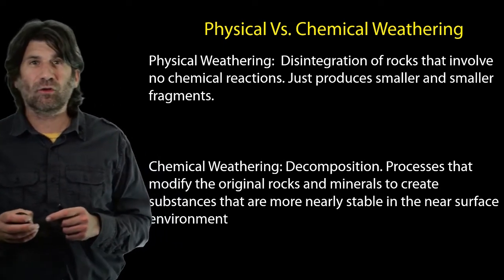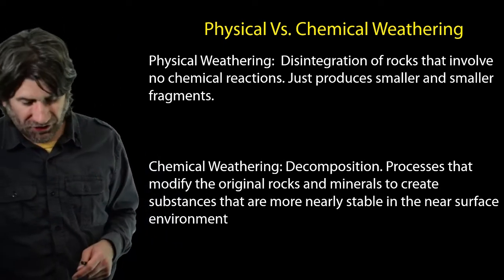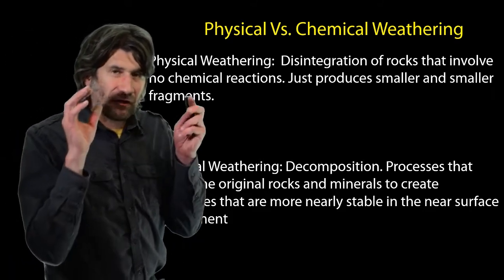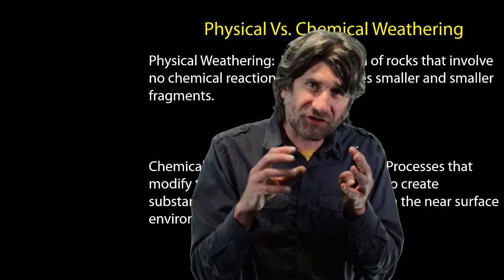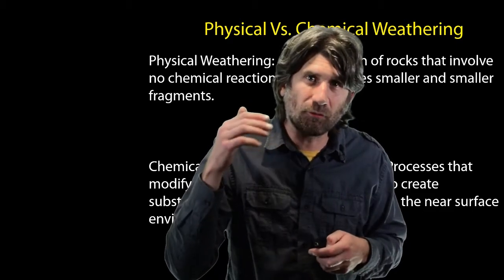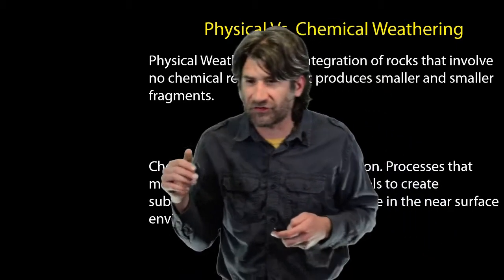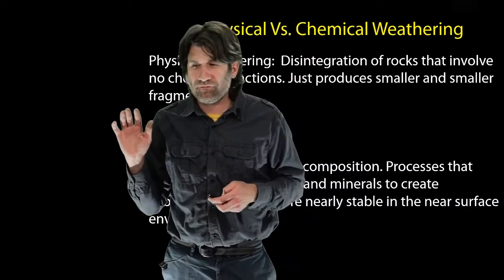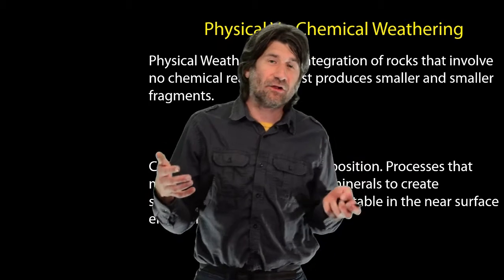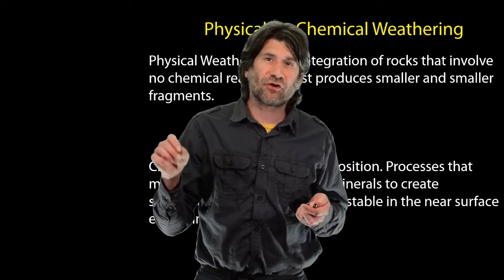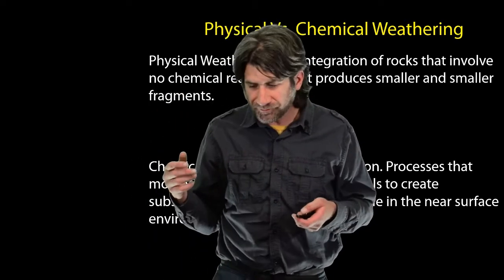In chemical weathering, we're talking about decomposition. We're talking about taking the primary minerals within a rock and doing chemical reactions to them, forming new minerals that are more stable at the Earth's surface. And remember, we talked about a very important set of secondary minerals, like clay minerals, that are more stable at the Earth's surface, and that's often what we see.